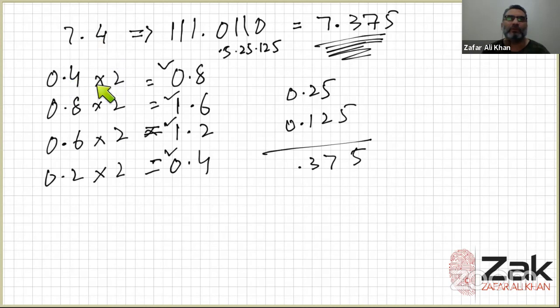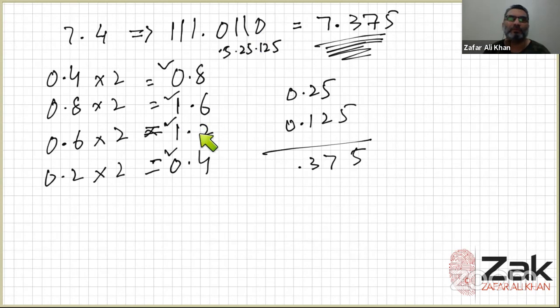So 0.4 multiplied by 2 becomes 0.8. We take this 0 and put it over here, and then we take 0.8 and multiply it by 2. This will become 1.6. So we take this 1 and put it over here, and then we take 0.6 and multiply it by 2. This would make it 1.2, and we take this 1 and put it over here.